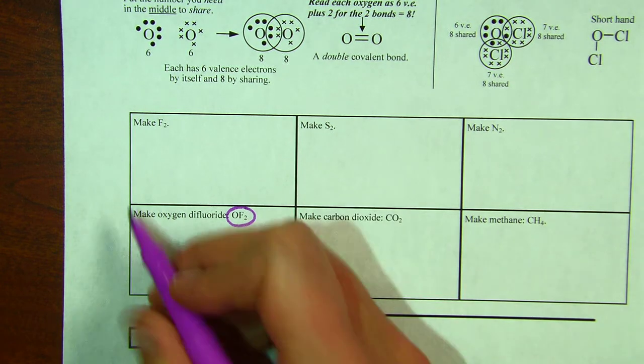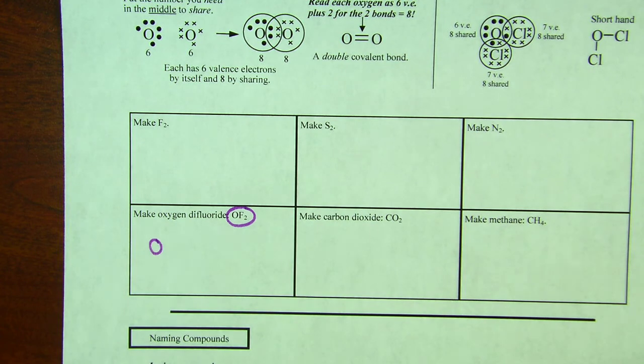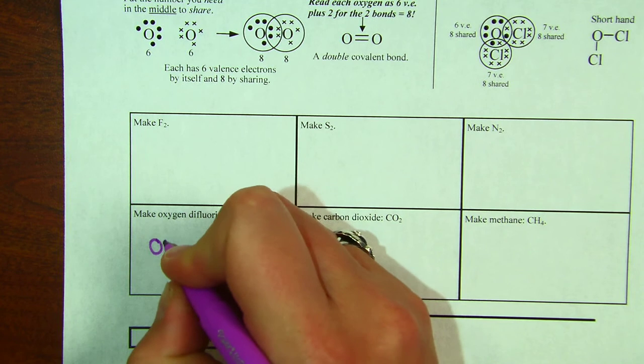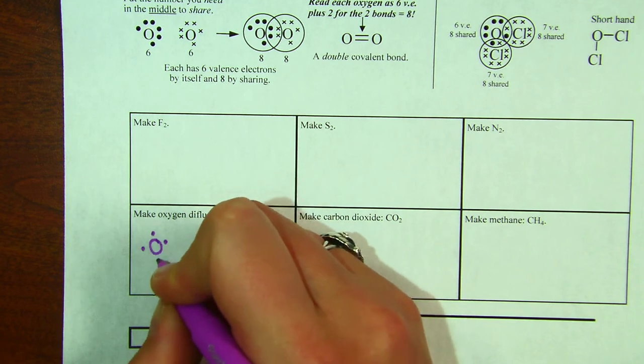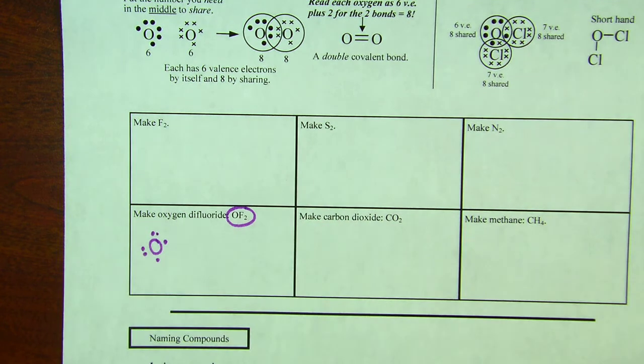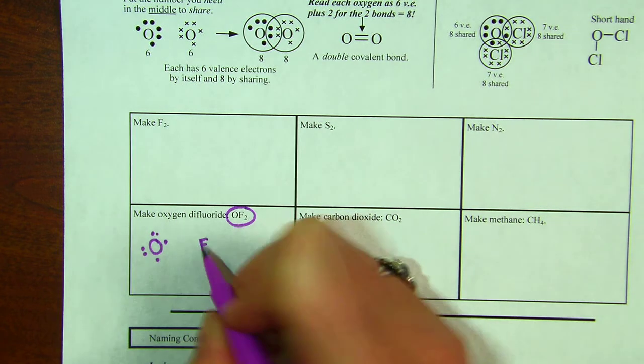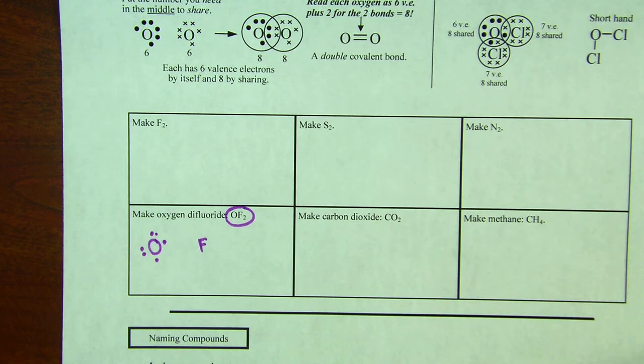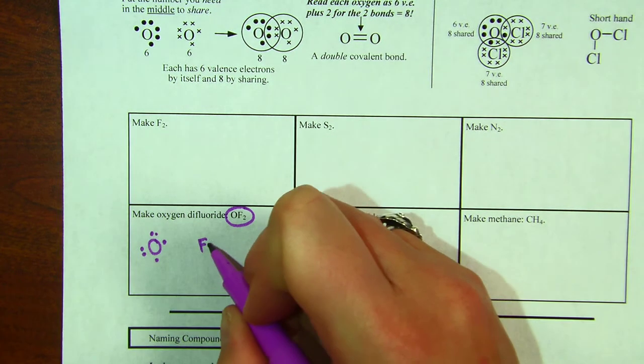So I'm going to start by making my Lewis dot diagram for oxygen. Oxygen is in group 16, so it has 6 valence electrons. Fluorine is in group 17, so it has 7 valence electrons.